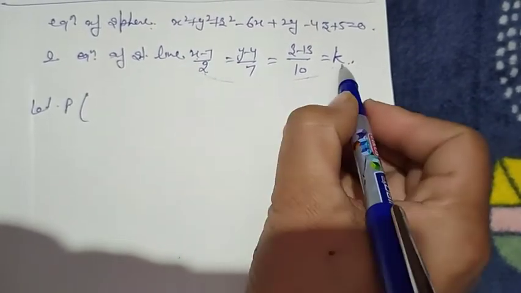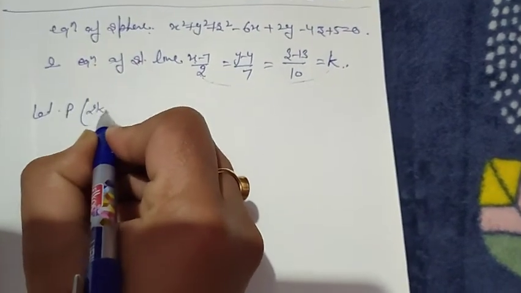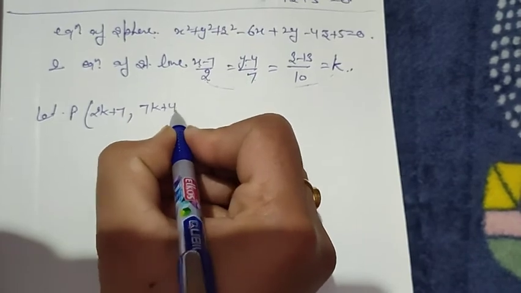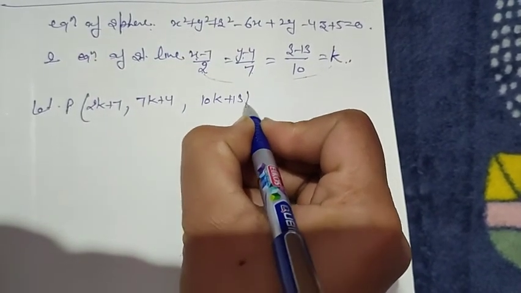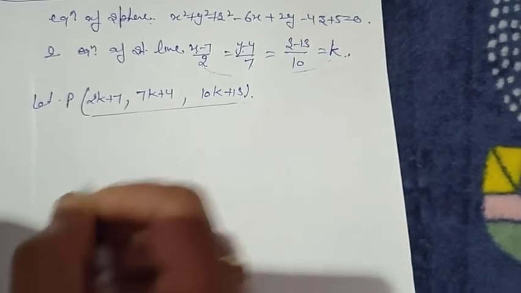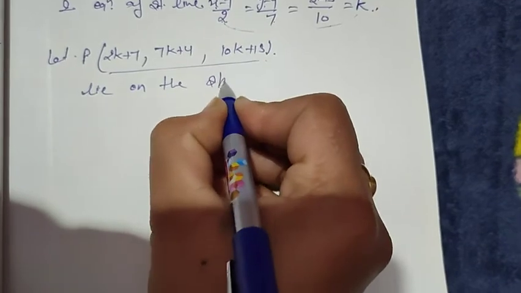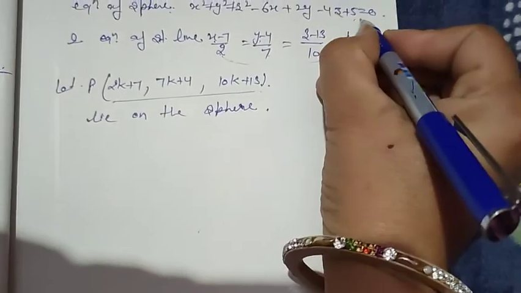Then x = 2k + 7, y = 7k + 4, z = 10k + 13. This is the point which lies on the sphere.